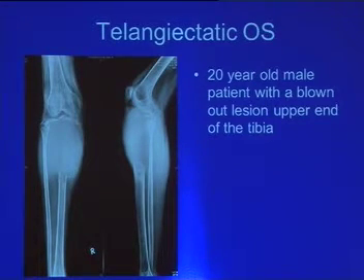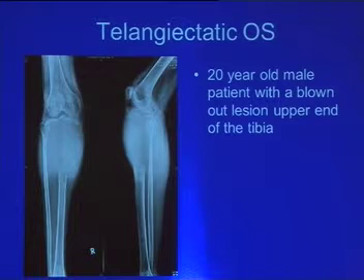Telangiectatic osteosarcoma is another lesion which can have a lot of giant cells, and this is a telangiectatic osteosarcoma which has a huge blown-out appearance. Histologically these tumors are very hemorrhagic, and the cells are rather few, but fortunately for the pathologist, the cells are very anaplastic, so making a cytological diagnosis of sarcoma is not very difficult.